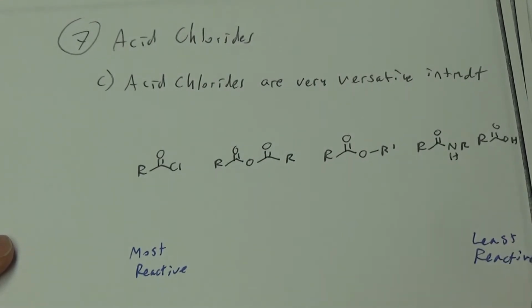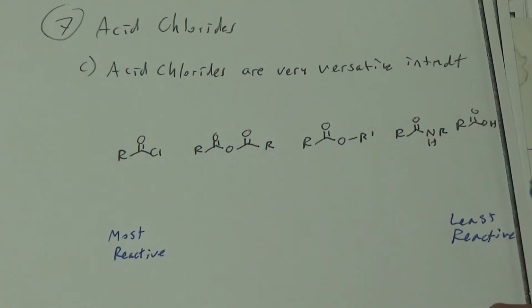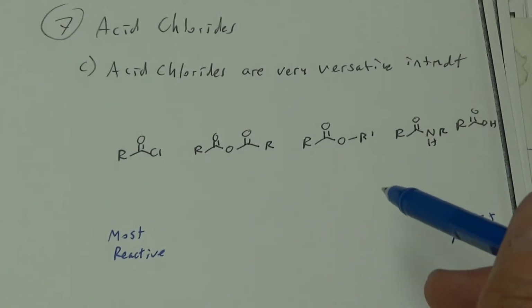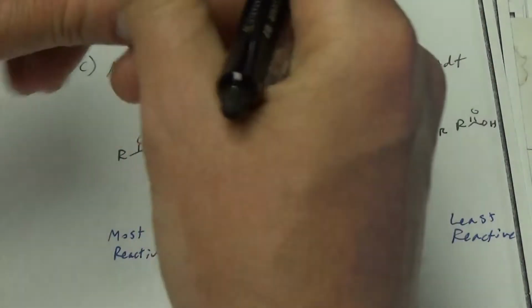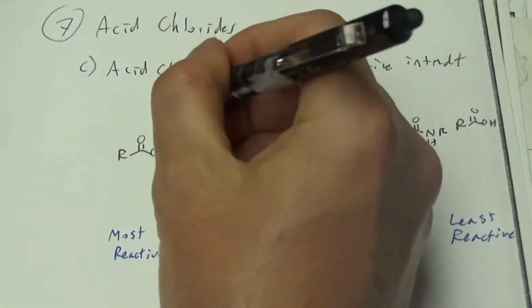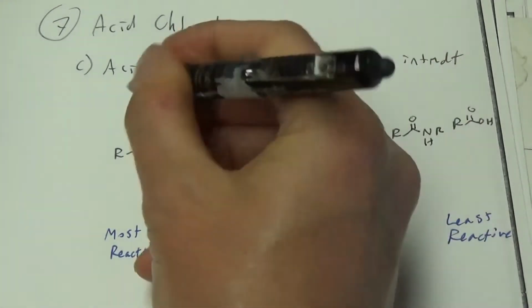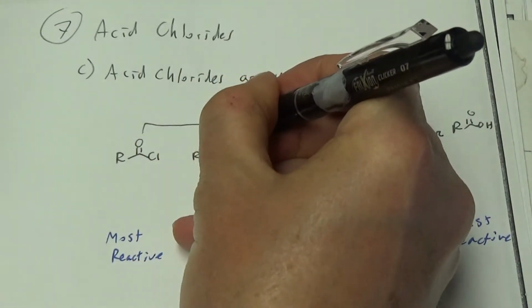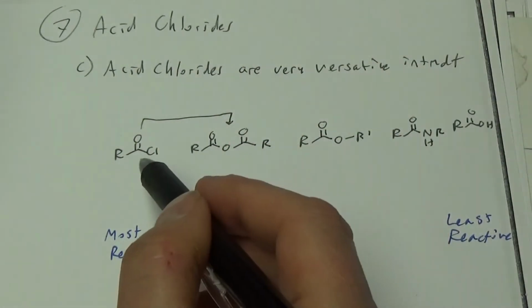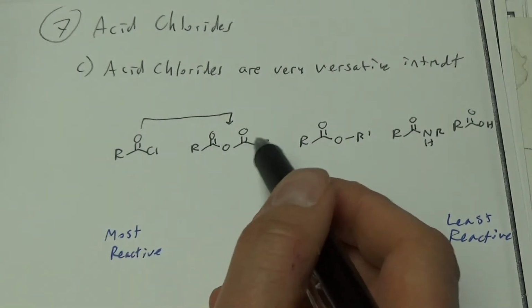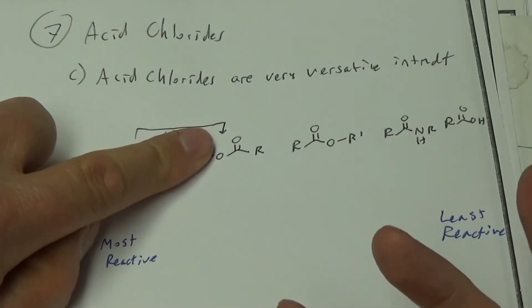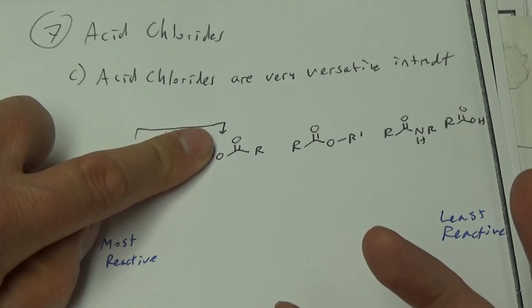There's a reason I left some space here, because I'm going to draw some other stuff. So by this, what I mean is it's really easy to go from an acid chloride to anything to its right. Just if you throw in the right reagent. And we just showed this one, right? Acid chloride to anhydride. How did we do it? We added that, right? Basically a carboxylate, right?